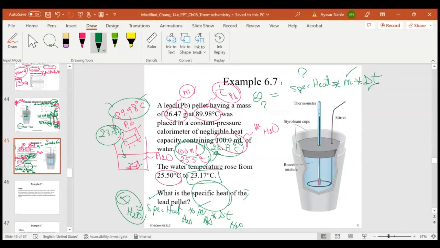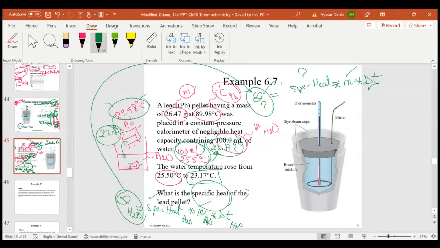The Q of the water will have a sign. The Q of the lead will have the opposite sign. To make them equal, that means the Q of the water will be equal to minus the Q of the lead. All right. Now, once I know the Q in here multiplied by minus, now I know the Q of the lead.